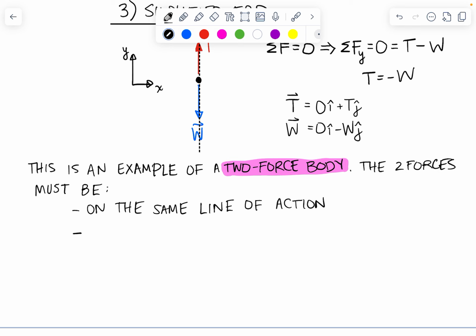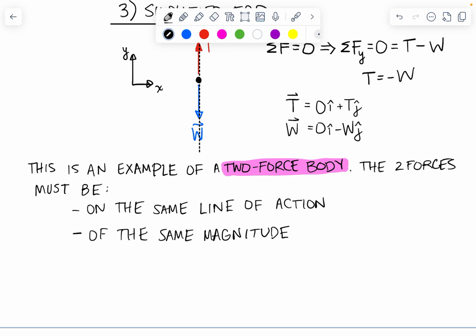They also must be of the same magnitude, right? Because we must have forces that are equal and opposite to cancel out when we apply equilibrium. And so the magnitude of our tension has to be the same as the magnitude of our weight.